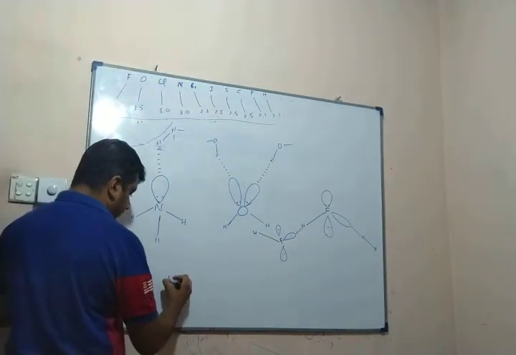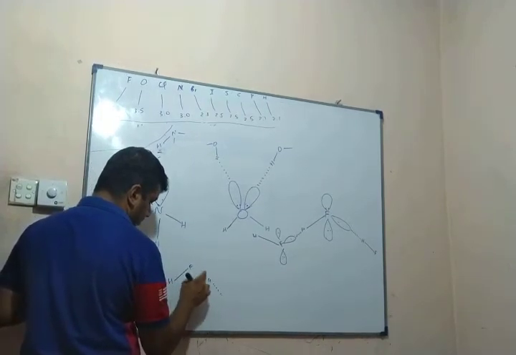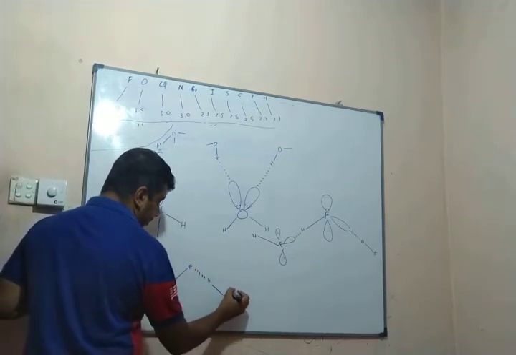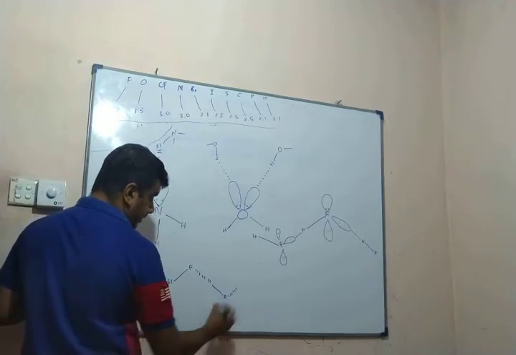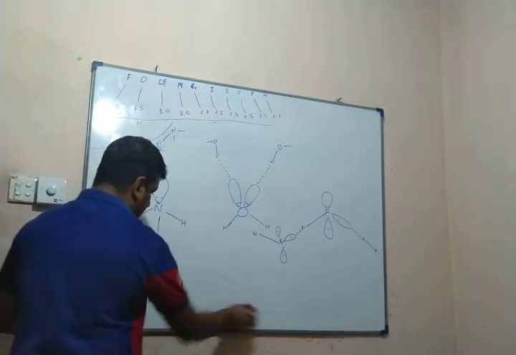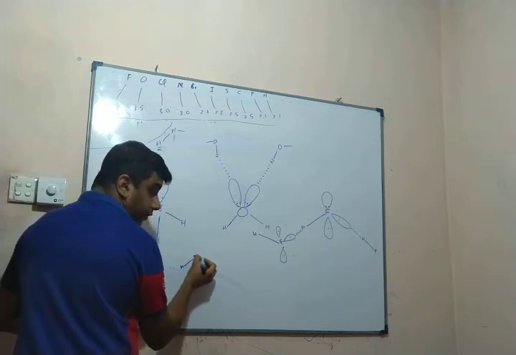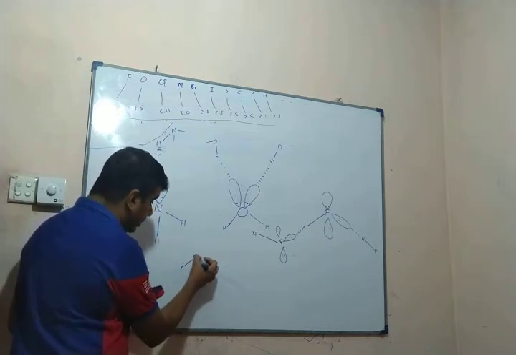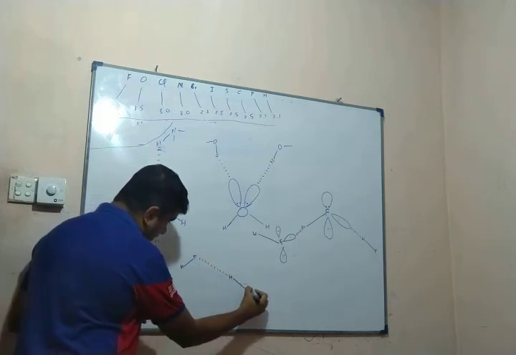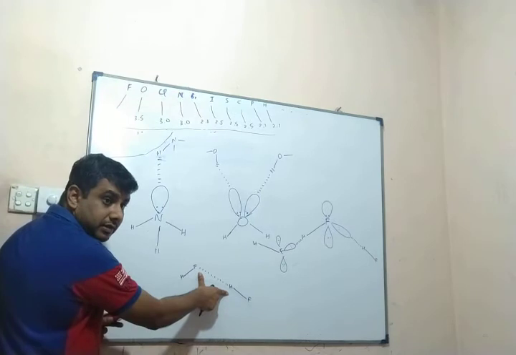This is the way you should draw solid HF, right? But the proper way is, see, HF. This fluorine will be hydrogen bonded to hydrogen. This bond should be shorter and this bond should be longer.